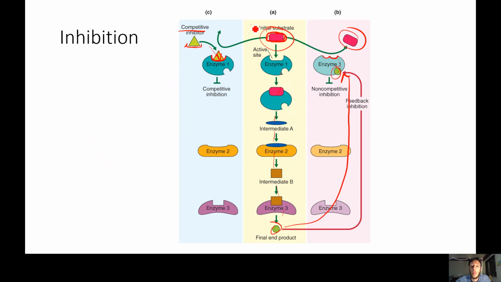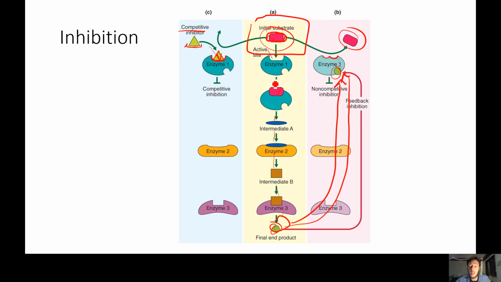So I'll say that again. The more that this substrate gets catabolized, the more this end product stops that from being able to happen. And so this is called negative feedback or feedback inhibition.